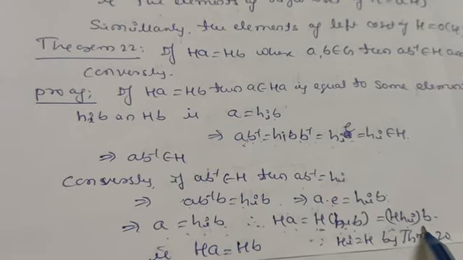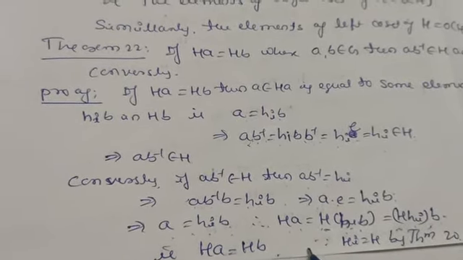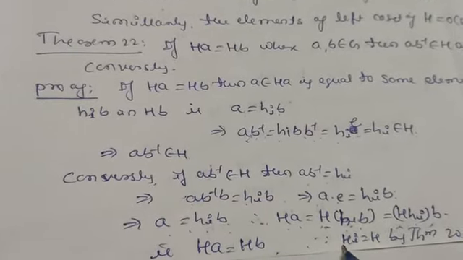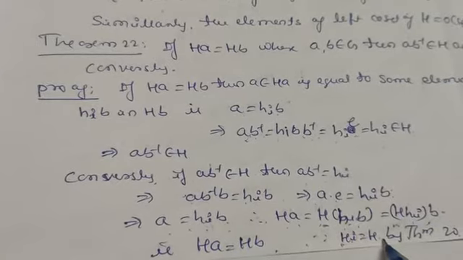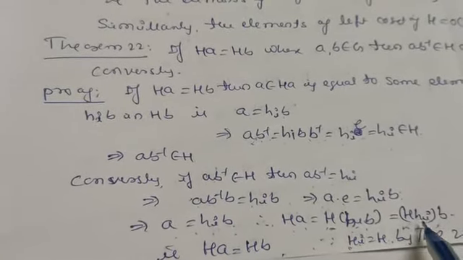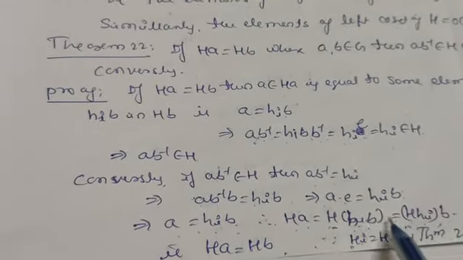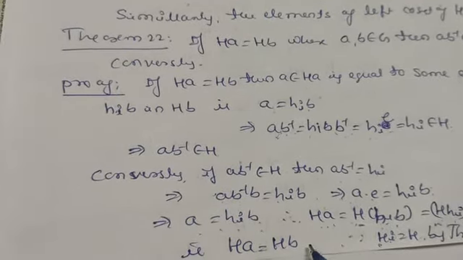Because we know hi into H is equal to H by the previous theorem, theorem number 20, therefore we can say that Ha is equal to Hb.